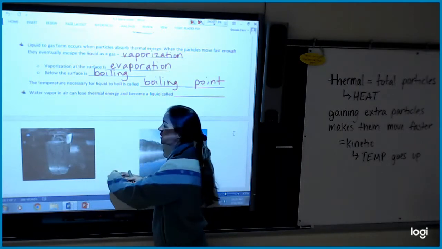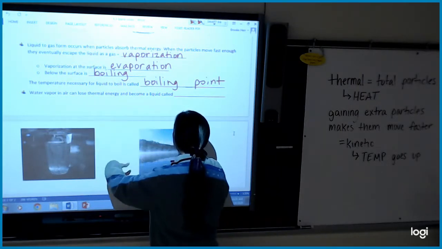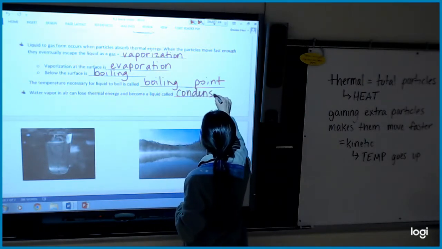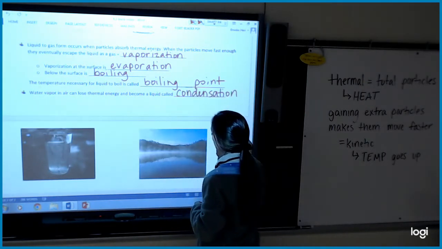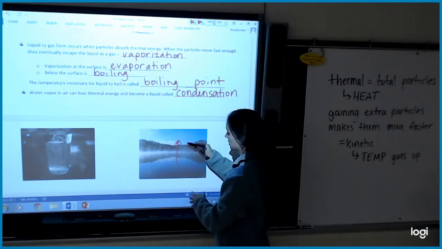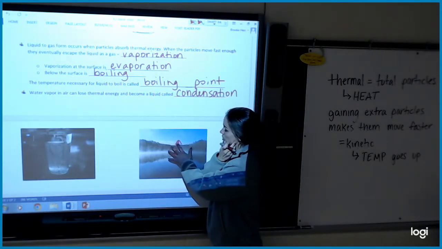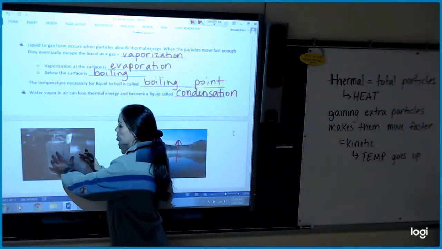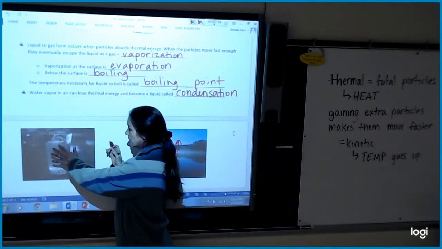So it ends up looking like sweat on the side of your cup. Okay, condensation. Okay, so we have going from a liquid to a gas form, like the top of the lake here, which is vaporization, going from gas in the air to a liquid form on the edge of your cup, which is condensation.